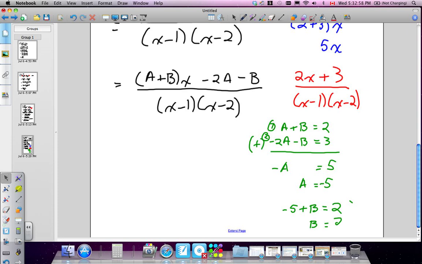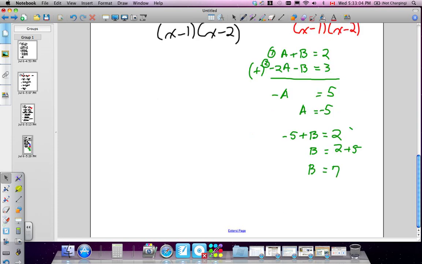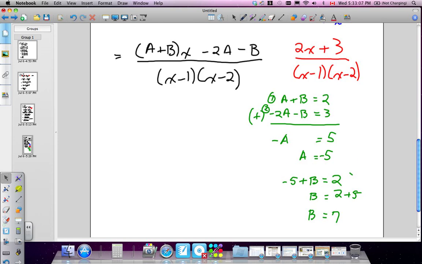Okay? So in this example, our a and b are going to be negative 5 and 7. And what we can do is plug them in just to check. So let's plug them in. A we said was negative 5, so we have negative 5 plus 7, x, minus 2 times negative 5 minus 7, all above x minus 2.